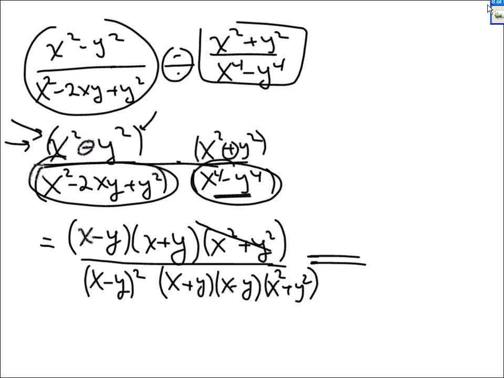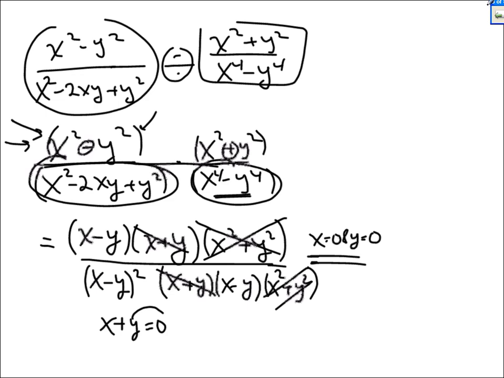Now, x squared plus y squared. When is that 0? And that's when x equals 0 and y equals 0. Okay. Now, when, if ever, is this 0? X plus y equals 0.